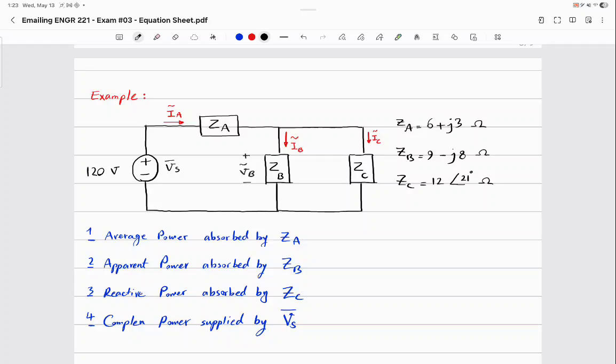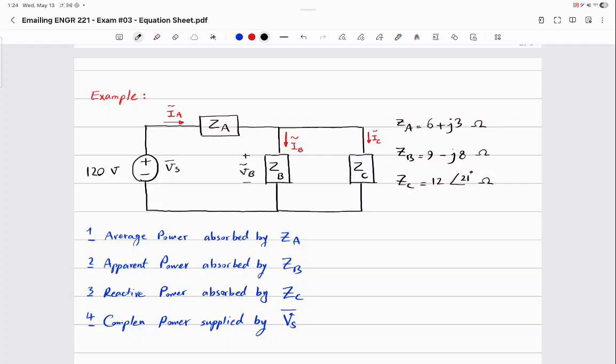Why not? Because there's a conflict, you have to make the cosine. No, why can't I use the same equation that I was using for the first three parts? It's not an impedance. What's the impedance of a voltage source?